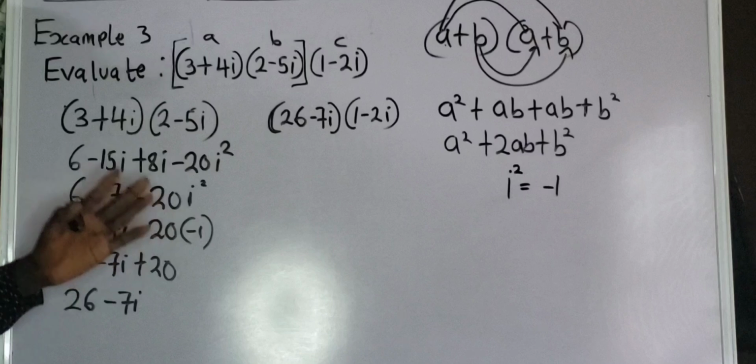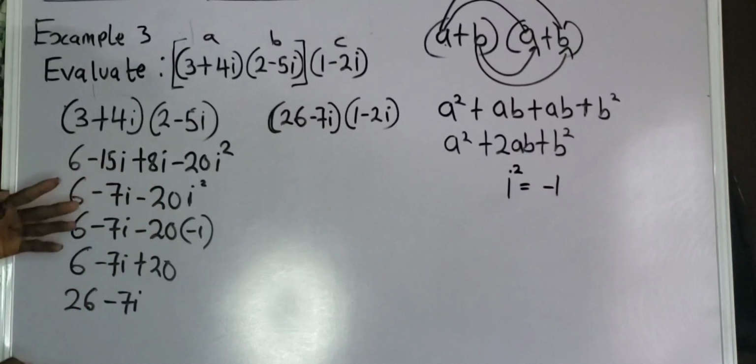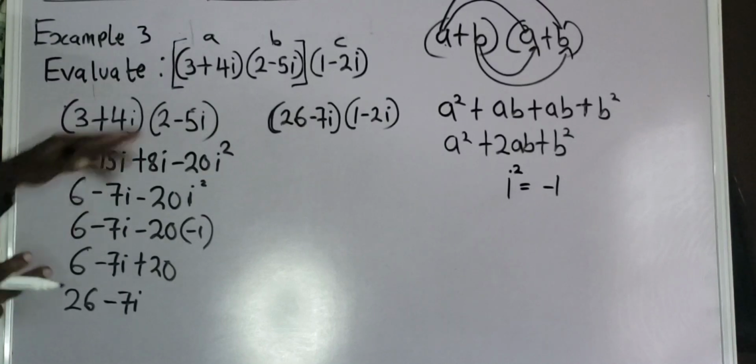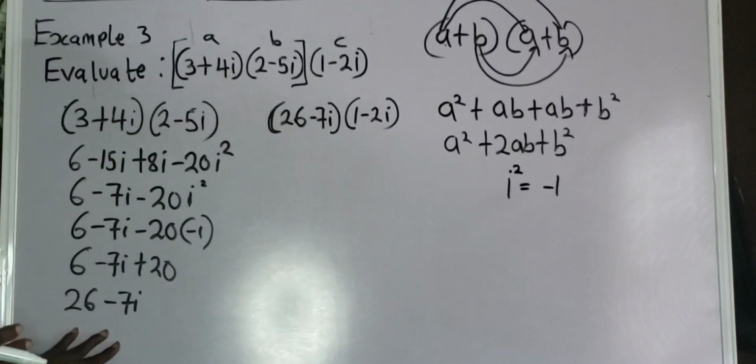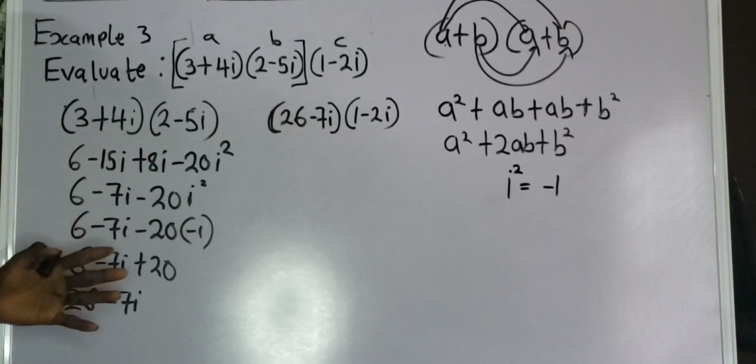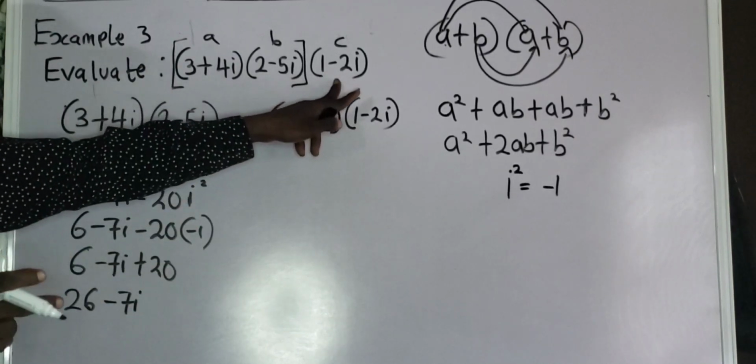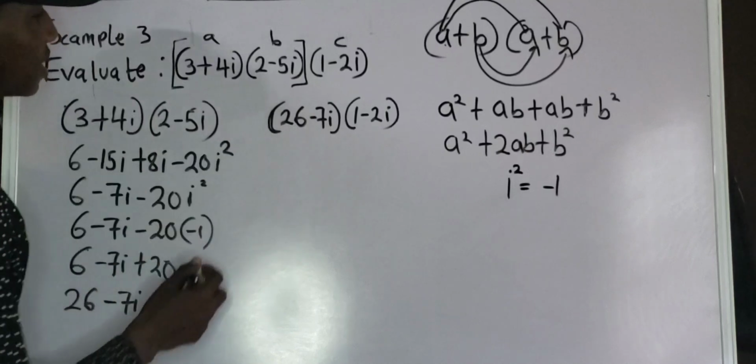Please pay attention. When you are told to multiply 3 complex numbers, first take the product of the first 2. That's what I did. I took the product of the first 2, I got 26 minus 7i, then I multiply the product of the first 2 with the third complex number. Are you getting it?